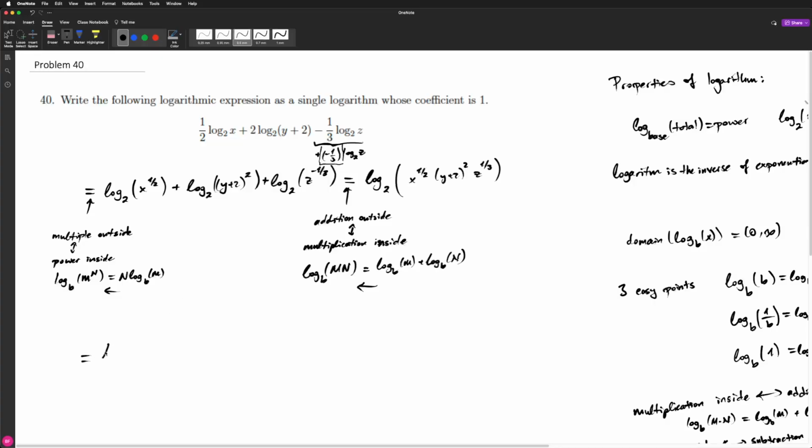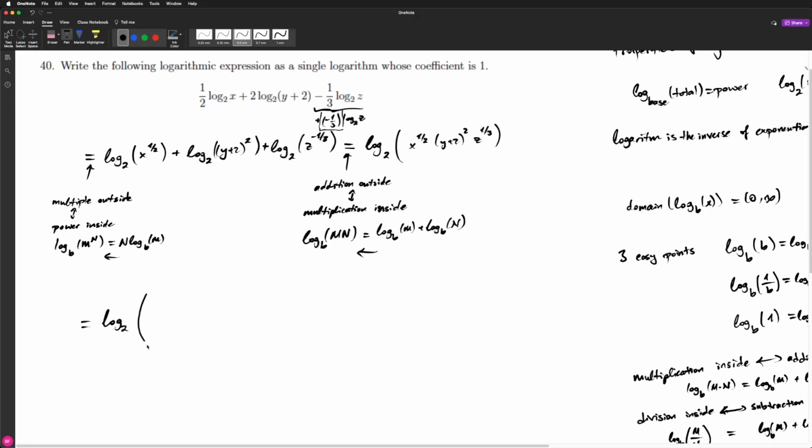And then we can do a little bit of cleaning inside, rewriting things. So x to 1/2 is the same thing as square root of x. And there is nothing I can do with y plus 2 squared.